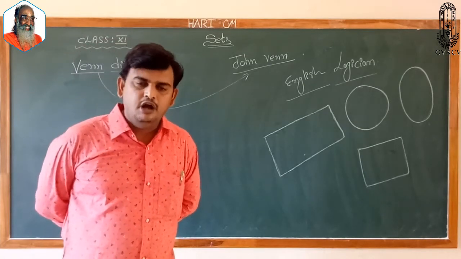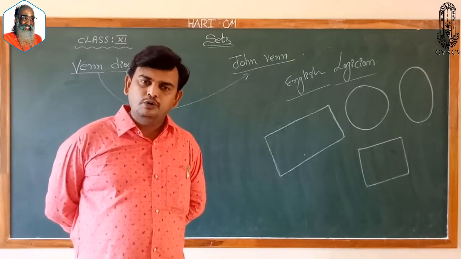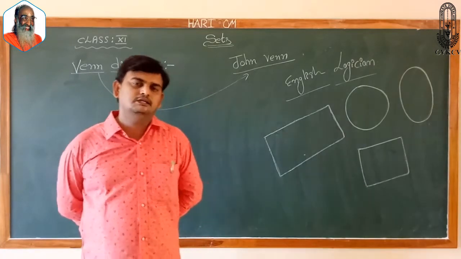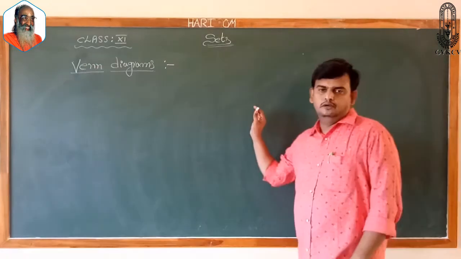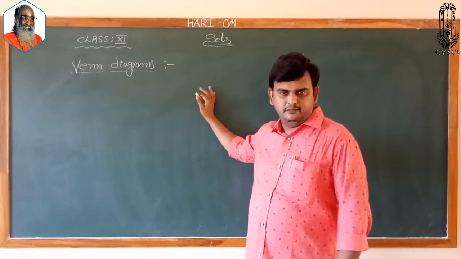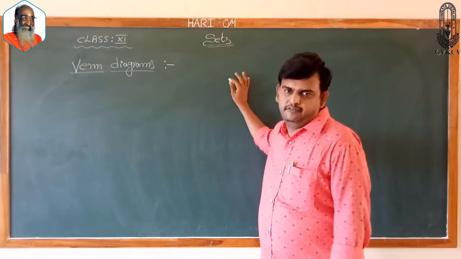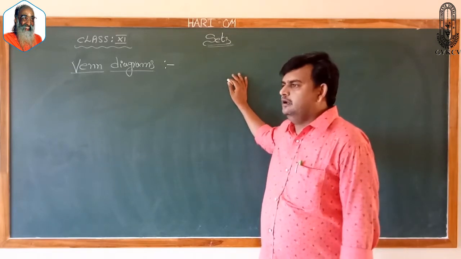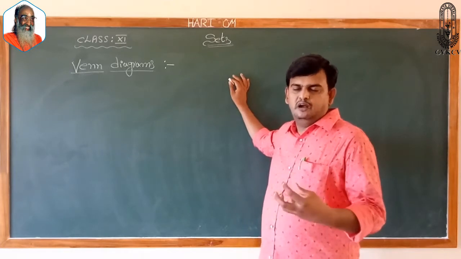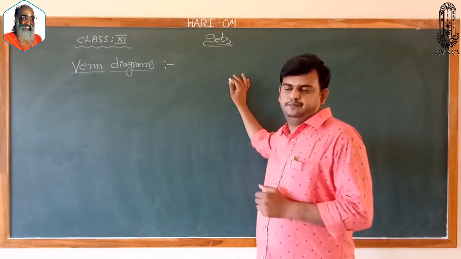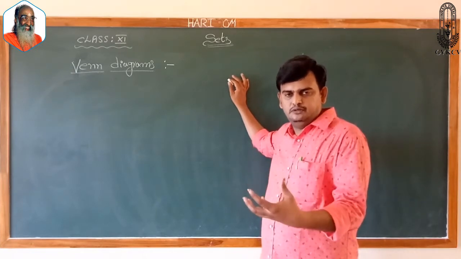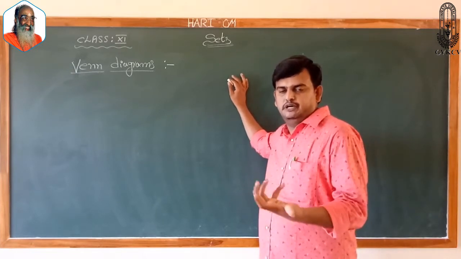So these are the four shapes we are going to use to represent the sets. Now let us see how to represent, what to represent, which we are going to learn in this class. Sets can be represented in the form of diagrams using the different shapes. Now we have different types of sets and we have different types of shapes. How to represent the shapes for which kind of sets?